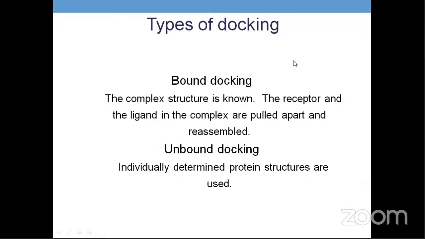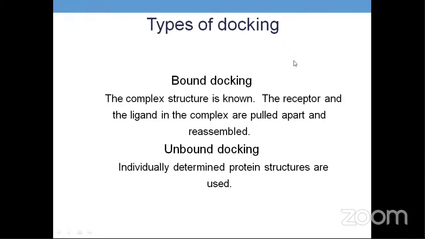From that, we could predict, say we have A, B, C, D, E, F, G, H, all these conformations. And after energy minimization, we find that, say, G has the minimum energy. So we can consider that among all these conformations, G has the minimum energy and G is the most probable conformation of the docked complex.